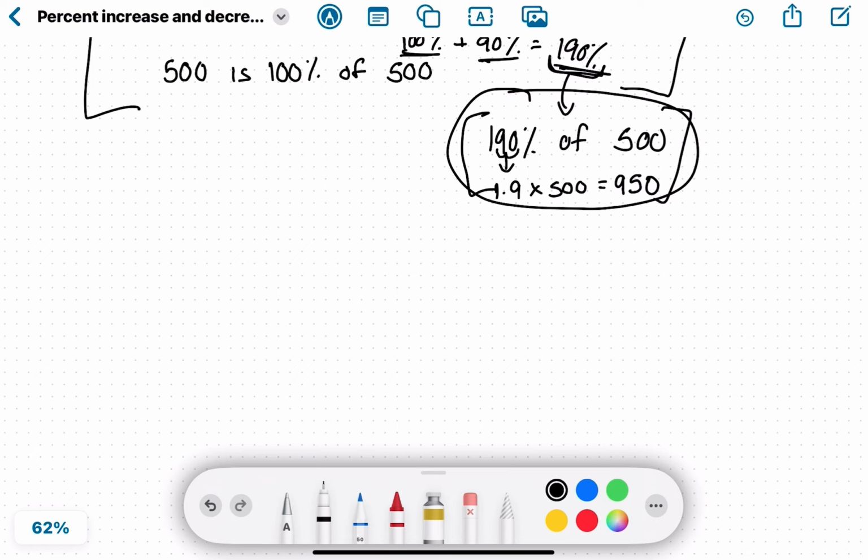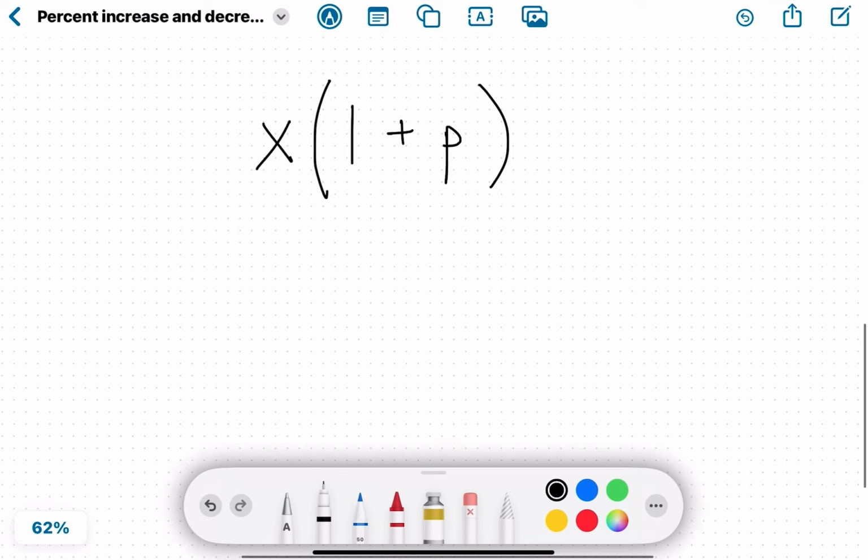I'm just going to put x as the initial value. And then you multiply that by 1 plus the percentage that you're trying to increase by. So in this case, 500 was our x, and our percentage was 90%.